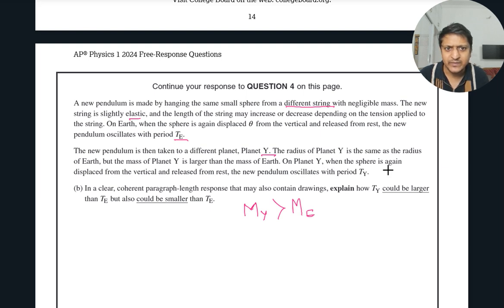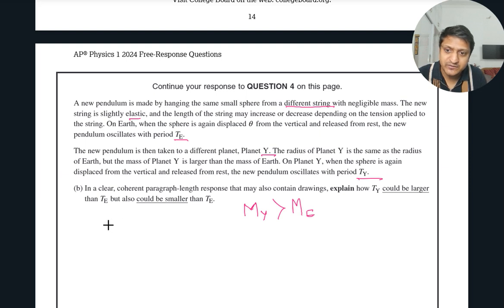On planet Y, when the sphere is again displaced from the vertical and released from rest, the new pendulum oscillates with time Ty. In a clear, coherent, paragraph-length response that may also contain drawings, explain how Ty could be larger than Te but also could be smaller. So in this case, why is there no direct answer?